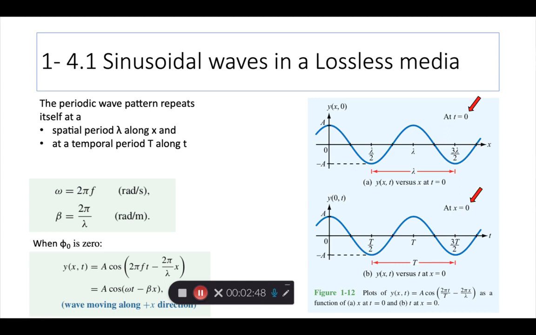That means at t equals 0, and we'll assume this is a small lake or a pond, and you just threw a stone in the middle and you see the waves going out on the water. If you look at time 0 and you look out at the wave, what you're seeing is the distance away from the stone, right? And you'll see that the waves are like this, and they are sinusoidal in nature.